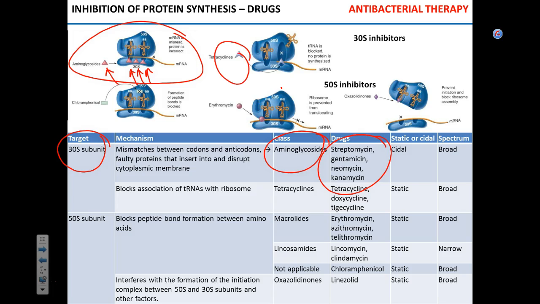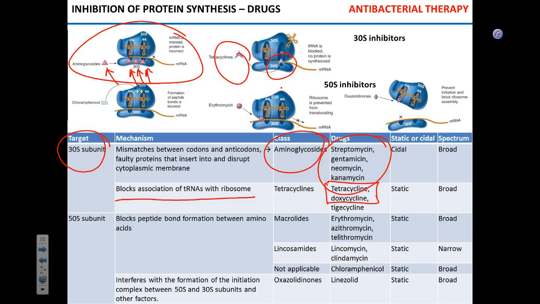Tetracyclines inhibit the binding of tRNA to the A site of the ribosome. And to be honest, I bet you've heard about these drugs like tetracycline or doxycycline. These are the broadest spectrum drugs that we have.